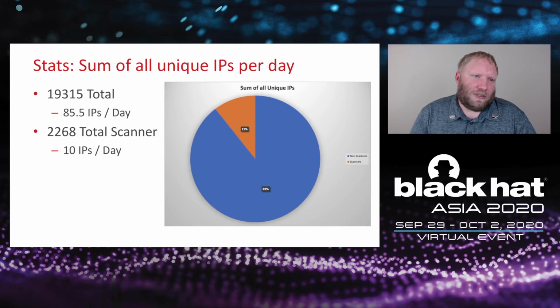On the previous slide, if 1.1.1.1 connected to us just once, that would be counted in that 8,900 amount. So what we see here is about 85 unique IPs per day.